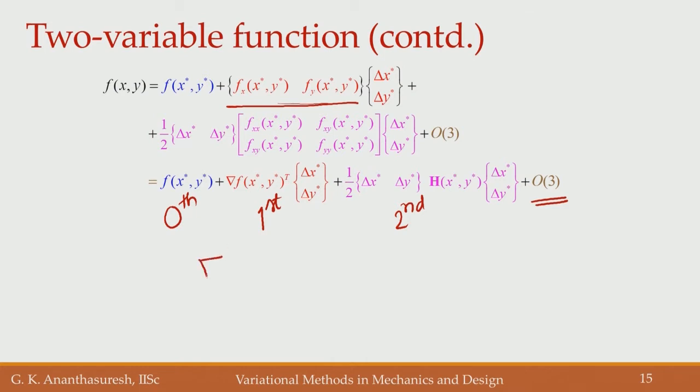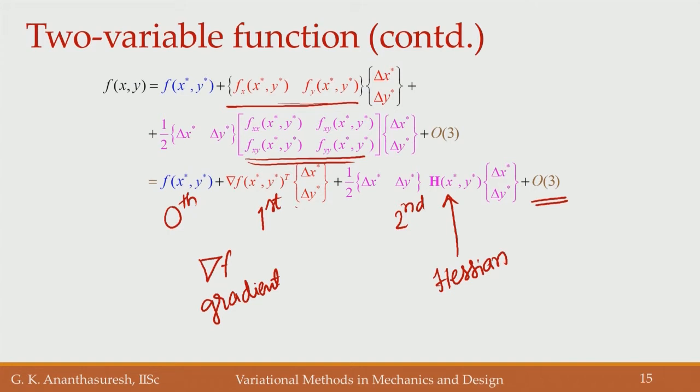What we have written here is called the gradient. Likewise, we have indicated this matrix here with the letter H, which is called the Hessian. We have a gradient and a Hessian. Gradient determines the first order term, Hessian determines the second order term.